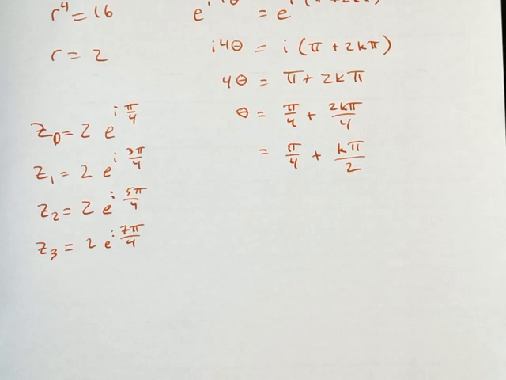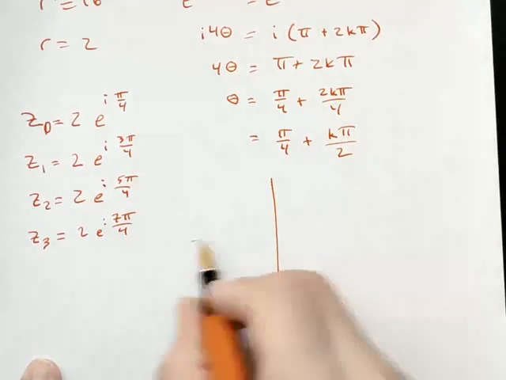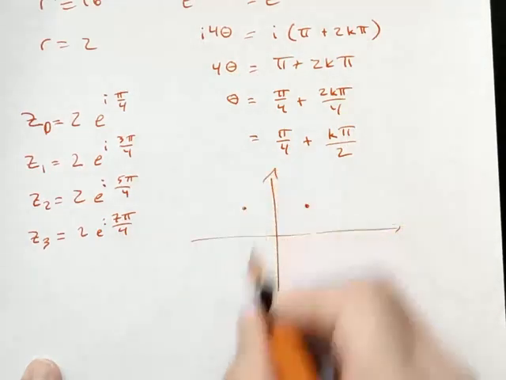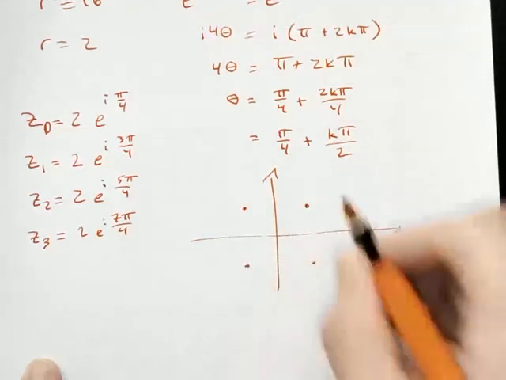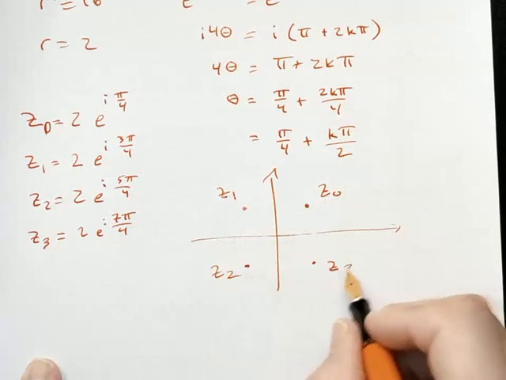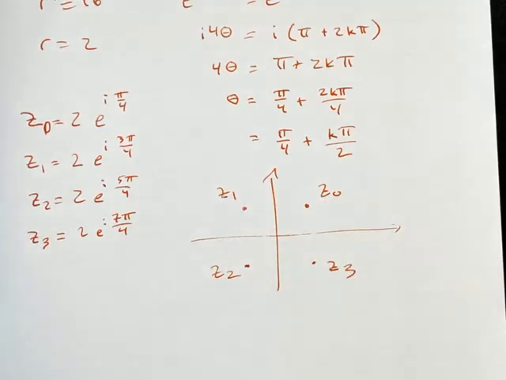If you pick negative values for k, you're going to hit the same 4 spots over and over again. That means that these 4 numbers are the roots.